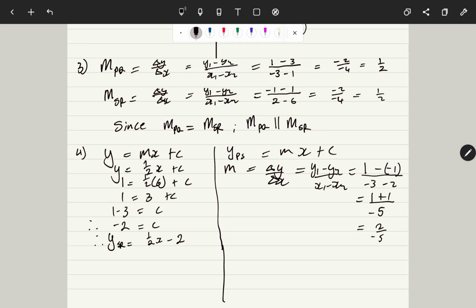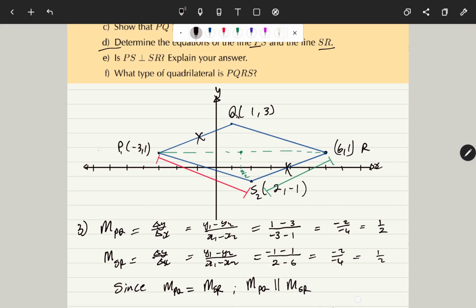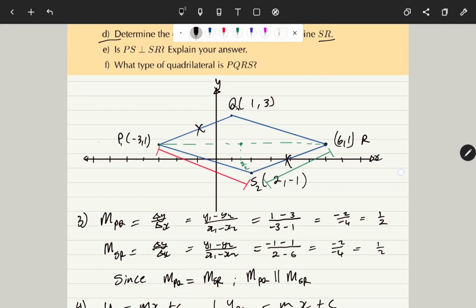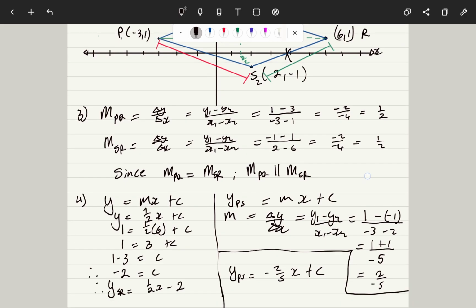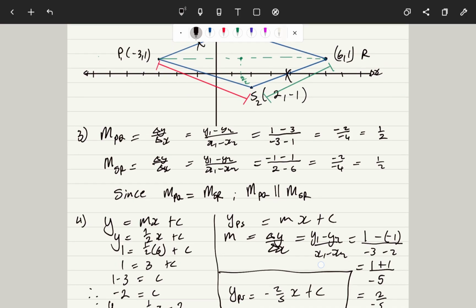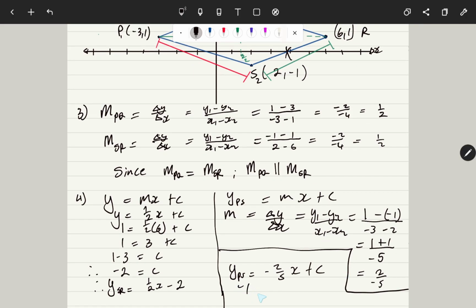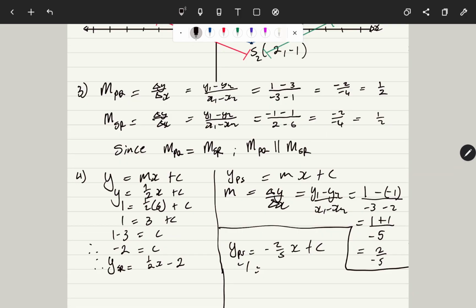So all I can say is, let me create more space. y for PS equals minus 2 over 5 x plus c. Let me see which coordinate I can use. Let me use S. If I go for S, I have minus 1 equals minus 2 over 5 times 2 plus c.